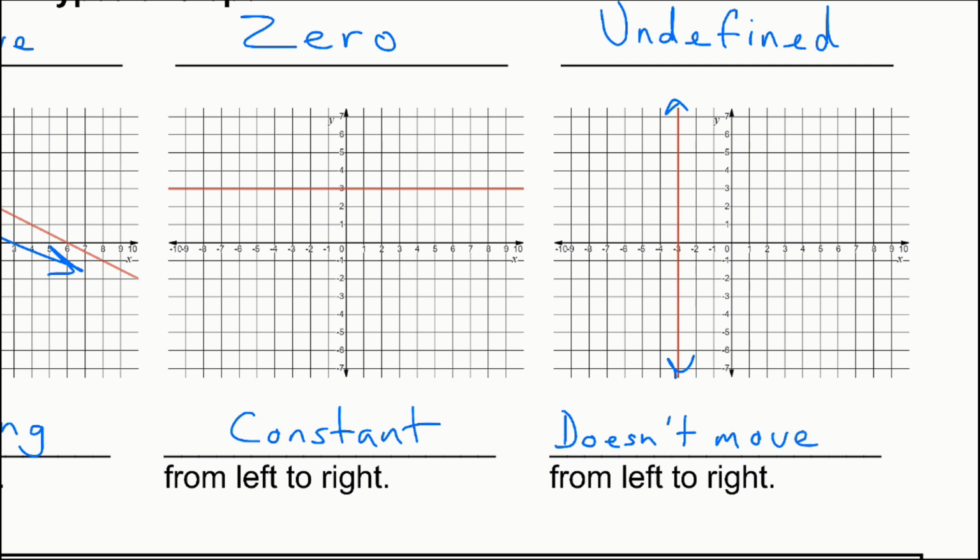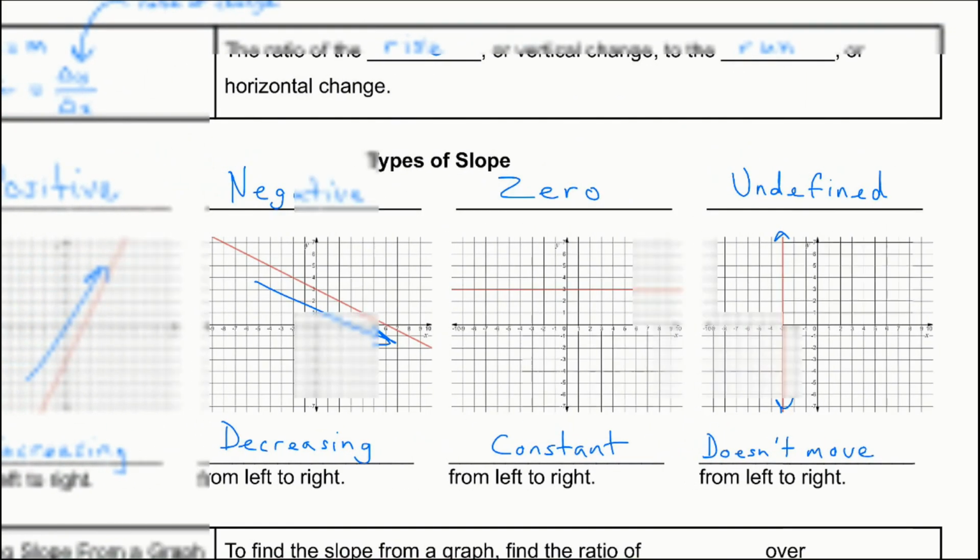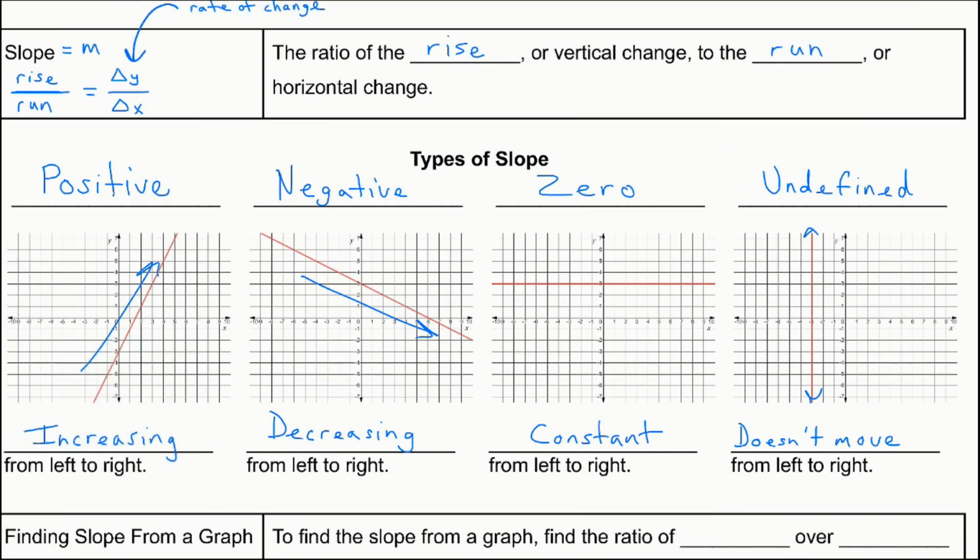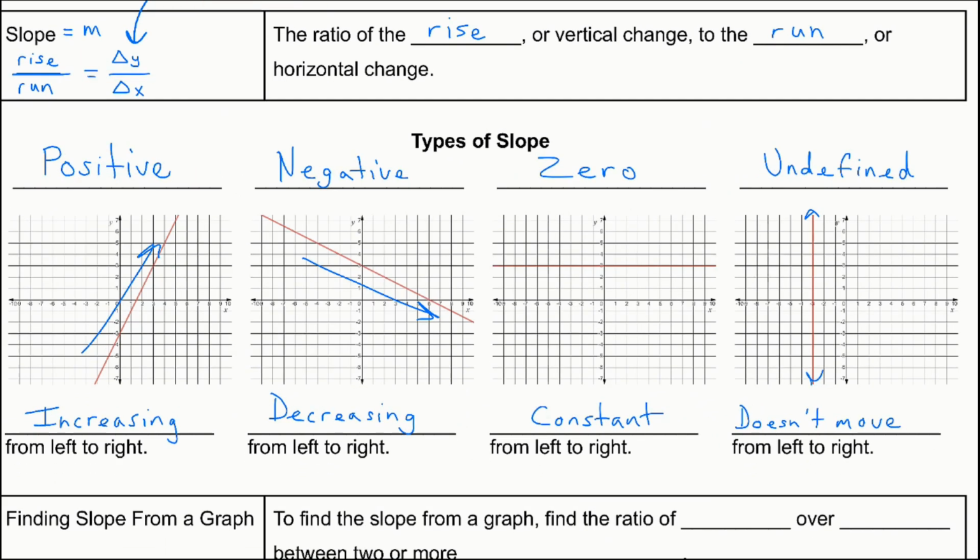So these are the four slopes that we are going to get familiar with during this lesson, hopefully. I'm going to try to not keep this super long. We'll see how that goes, though.